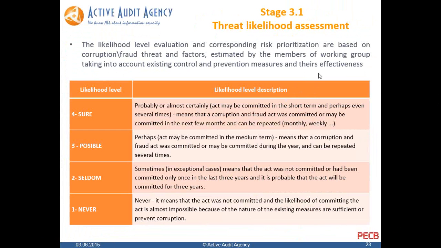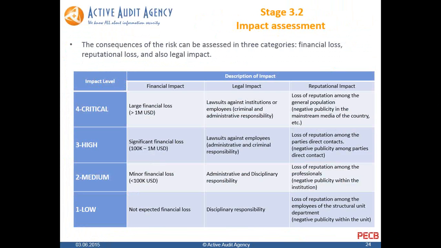After that, we go to stage 3.2, impact assessment. The consequences of the risk can be assessed in three types: financial loss, reputational loss, and also legal impact. Similarly, you can assess the impact using four levels: low, medium, high, and critical.